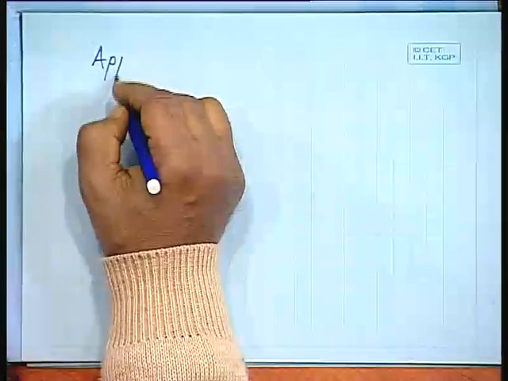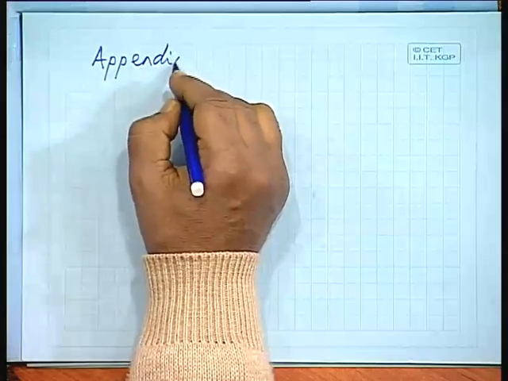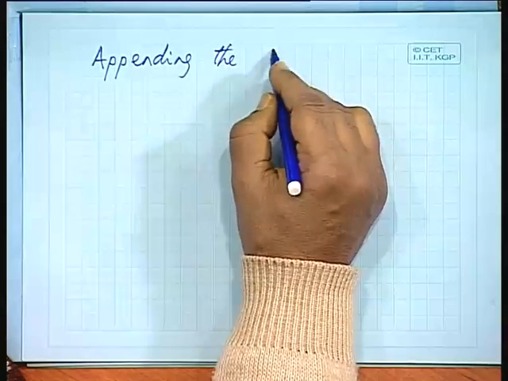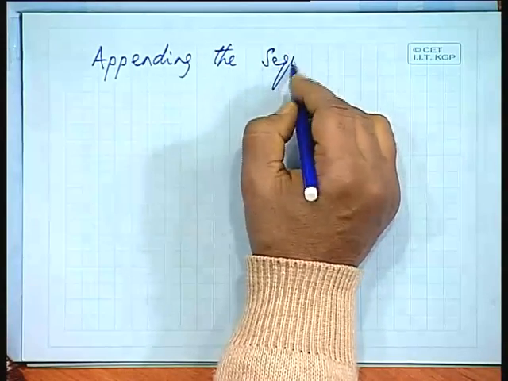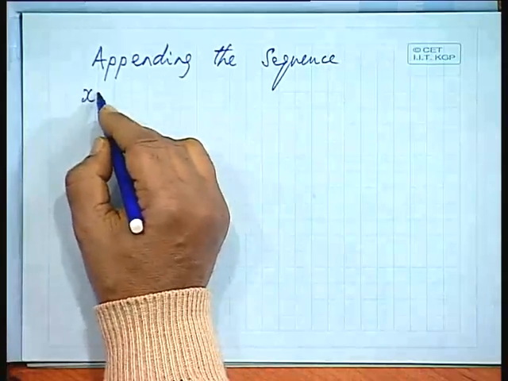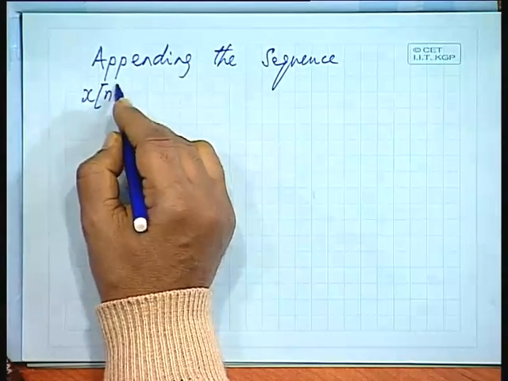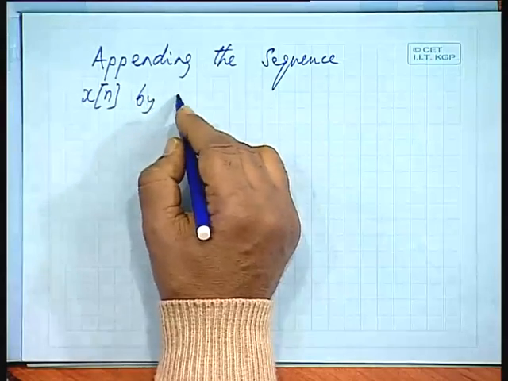So, whenever you are asked to compute the DFT of a sequence, we normally pad it with zeros, and we get a large number of points and take advantage of the FFT algorithm. That is very simple. So, we go for appending, also known as padding, the data or the sequence x[n] by zeros.